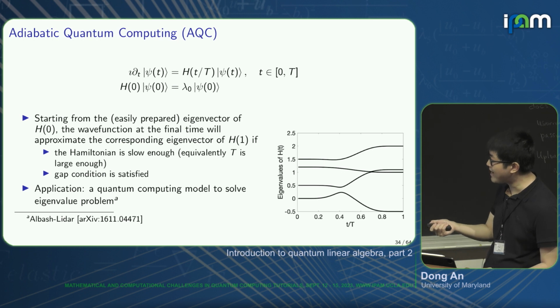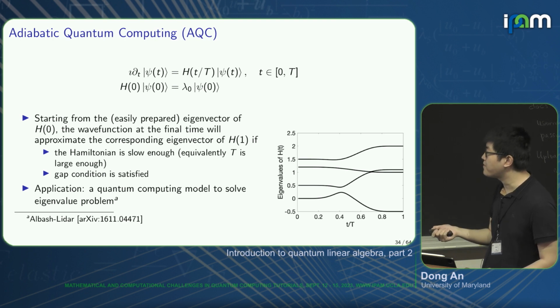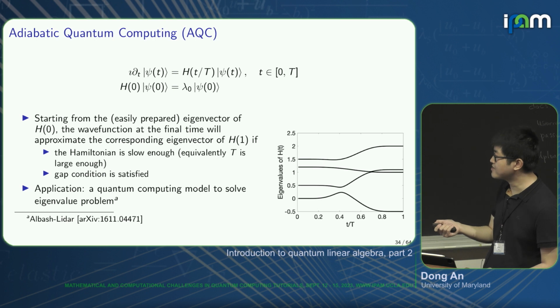For example, if I start with the eigenvector corresponding to this 0 eigenvalue and solve this Schrodinger equation, my final solution will be approximately the eigenstate right here, following this eigenpath. And of course, if I start with the eigenvector here, I will approximately follow this eigenpath.